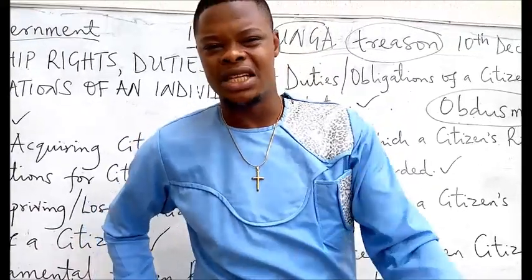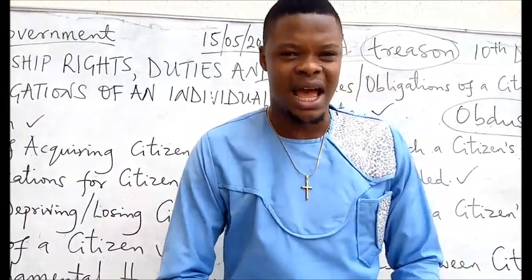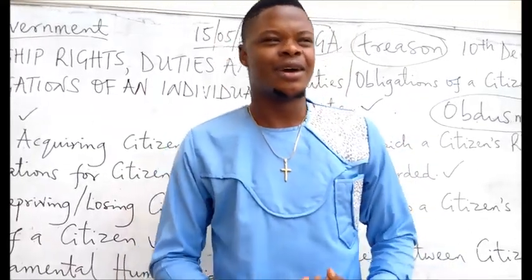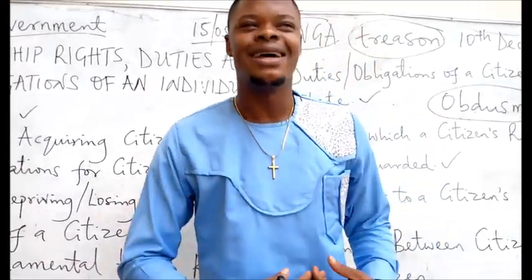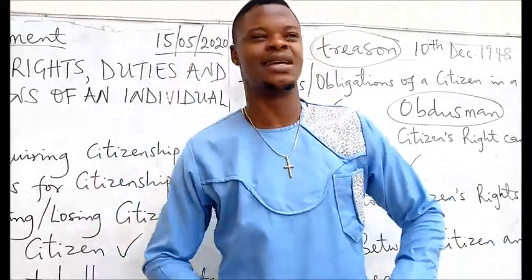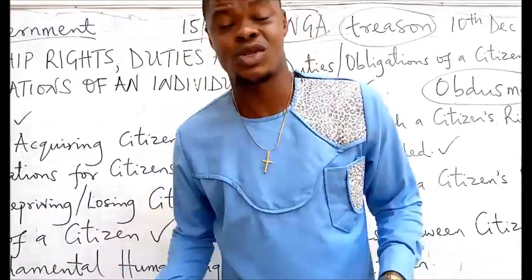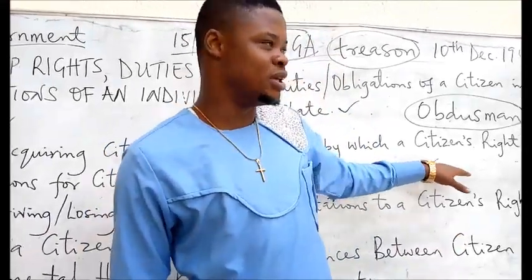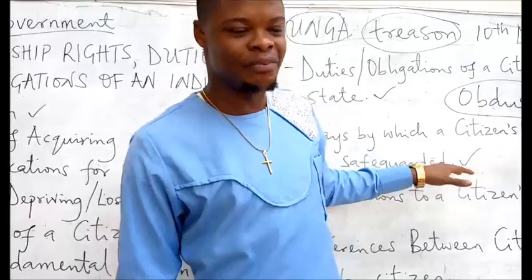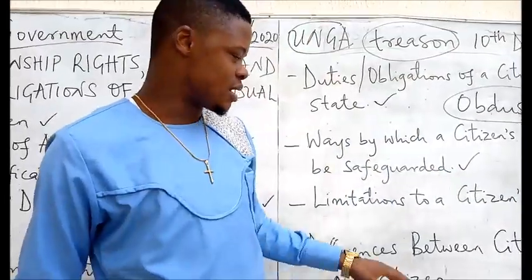When there is an emergency period, like something may happen and the government declares a state of emergency, soldiers and the police and all those security agencies will take over the government and do with you probably anything they like. So your rights cannot be guaranteed again, and then it becomes a limitation to a citizen's right.